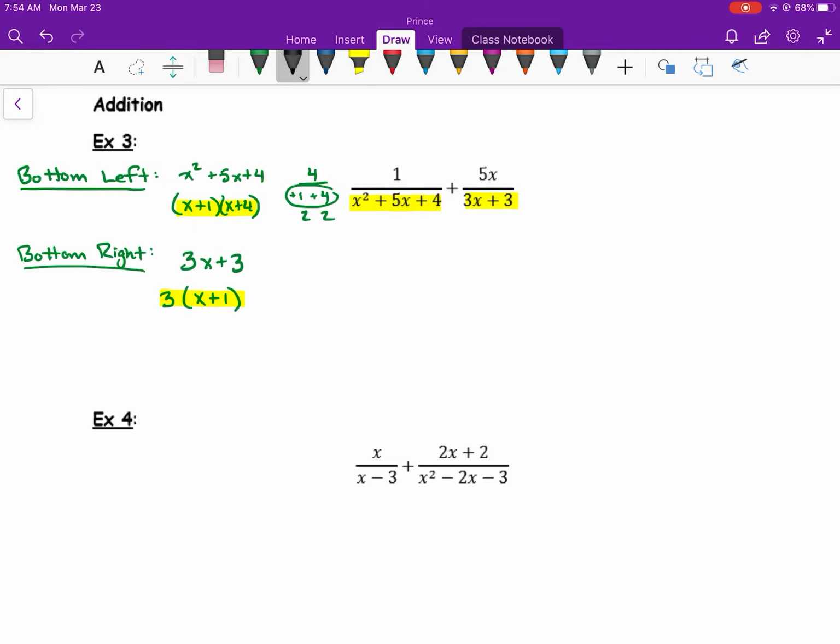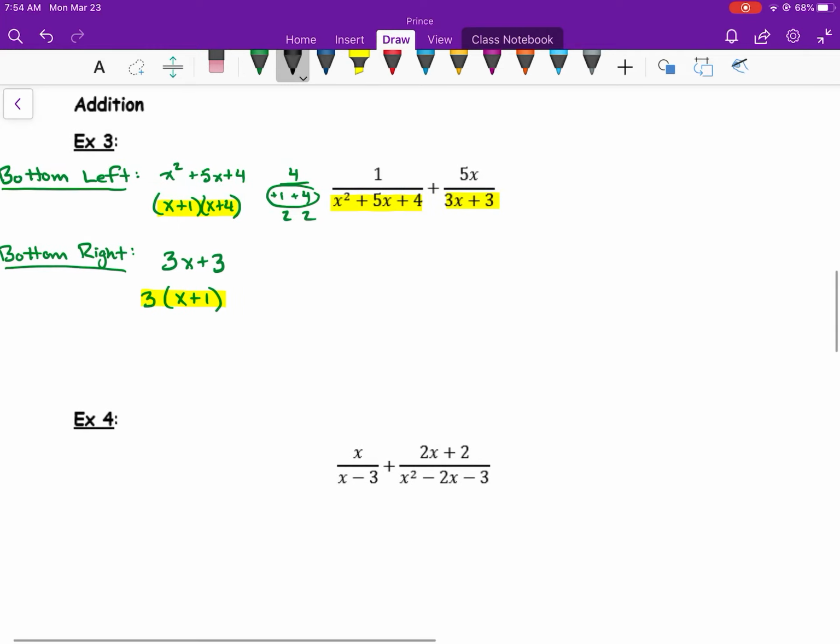Now I'll rewrite it. I guess I should write the steps off to the side here. So step 1, factor. So 1 over x plus 1, x plus 4, plus 5x divided by 3 times x plus 1.